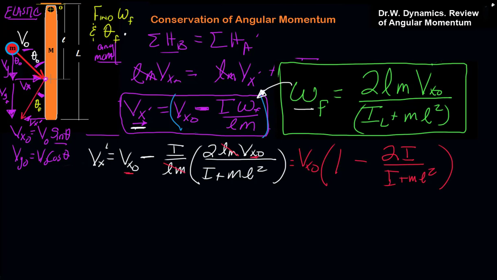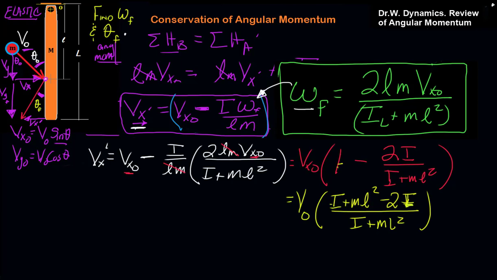And let's make a common denominator here of I plus ml² over I plus ml², and this will clean up and become V0 times I plus ml² minus 2I, all over I plus ml².